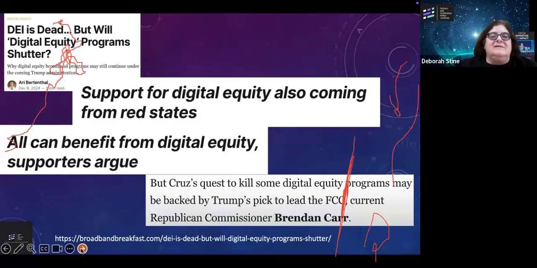But on the other hand, and this is something that we found out from Trump 1, as we sort of begin to call it, sometimes these programs are supported by red states. For example, digital equity. I'm based in Pittsburgh, Pennsylvania, but I do a lot of work in West Virginia. This is a really big issue for West Virginia.